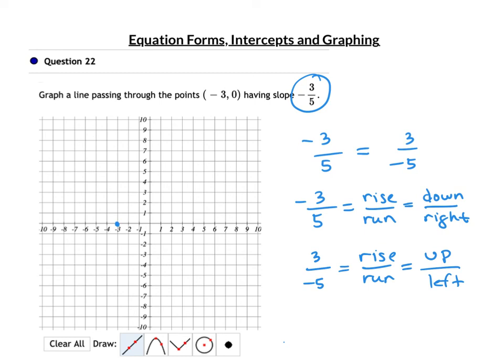So I can go, let's do this one first, down 3, 1, 2, 3, over 1, 2, 3, 4, 5. Or I can use this one and go up positive 3, 1, 2, 3, and over negative 5 to the left. 1, 2, 3, 4, 5. And those 3 points will make my line.